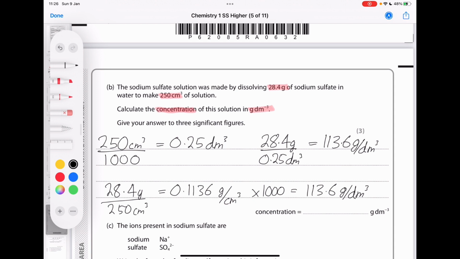So it does not matter which way round you do the unit conversion, you still get to the final answer. However, I have been asked to give my answer to 3 significant figures, so my final answer should be 114 grams per decimetre cubed.